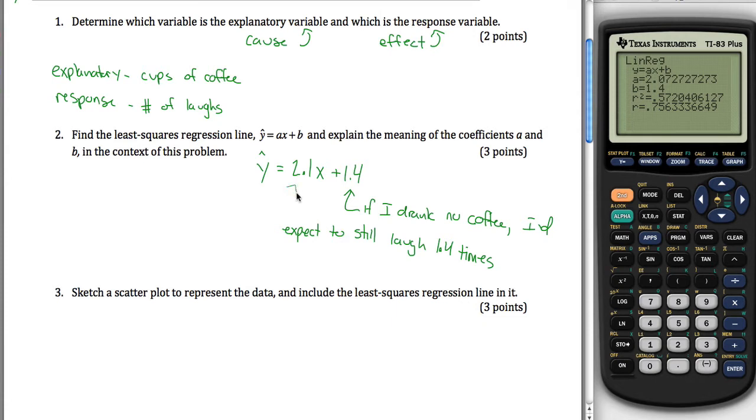And then the 2.1 here, my slope, is saying that for every change of 1 in my explanatory variable, in other words, for every extra cup of coffee I drink, I expect to laugh this many more, so 2.1 more times. More because it's positive 2.1.